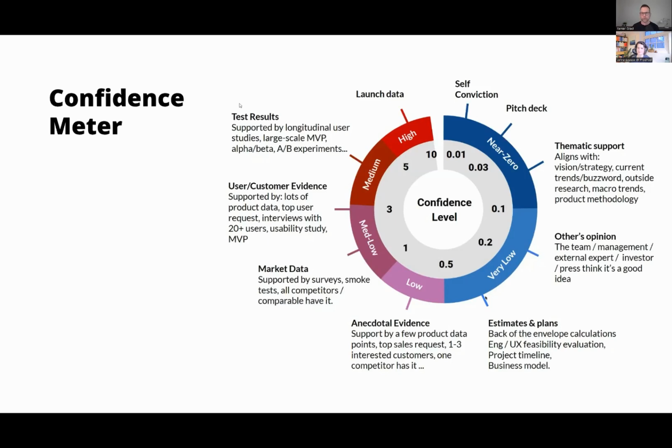The lighter blue area is about trying to validate the idea, but still staying in the building. So you can review it with other people and see what they say. This could be your colleagues, your managers, experts, stakeholders, and they're giving you opinions. And sometimes, often, this is a harder test because they might find flaws in the idea you didn't see.